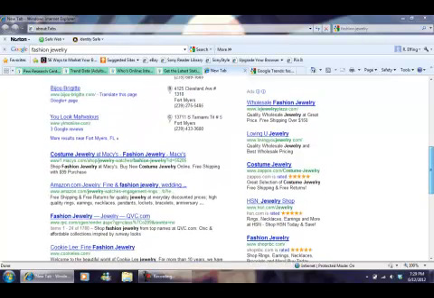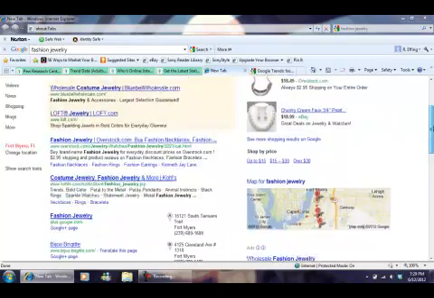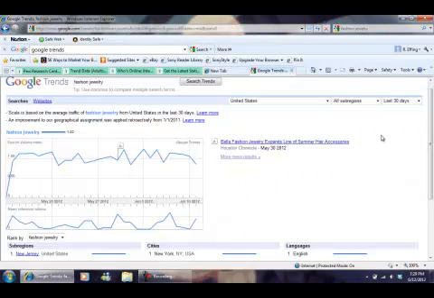Another thing you want to become comfortable using is Google Trends. This is also a free service, and what this allows you to do is to enter search terms and search trends, and it comes back with this search volume index, which just means what is the relation between those search terms over the total number of searches overall in Google for a given period of time.